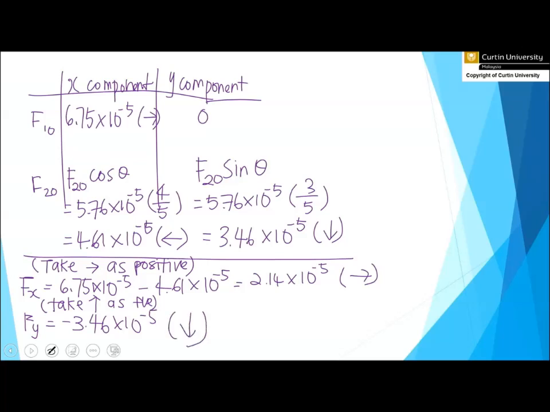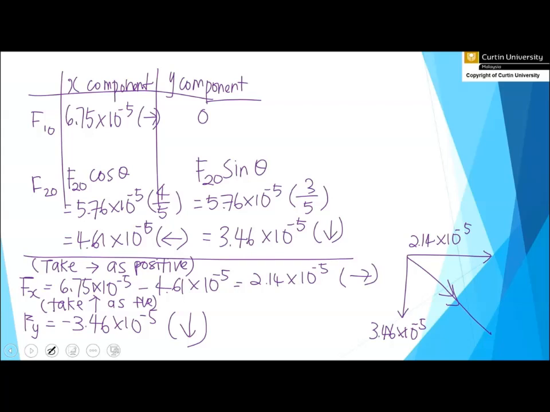So if you draw them into a diagram, you will get your total X component 2.14 times 10 to the power of negative 5, and your total Y component, which is 3.46 times 10 to the power of negative 5. So your net force or your resultant force will be in this direction.